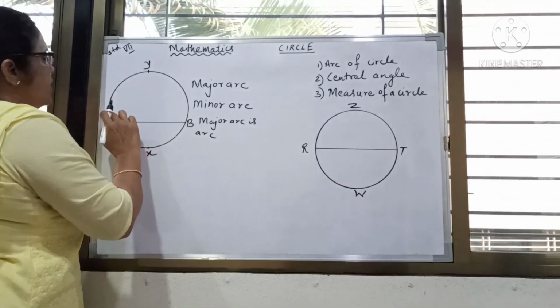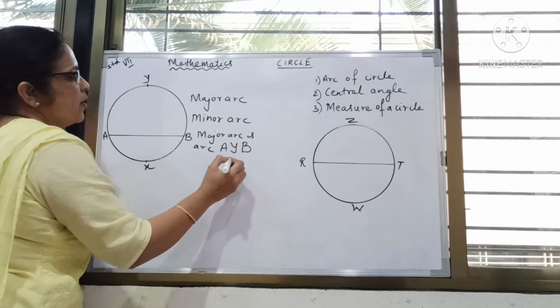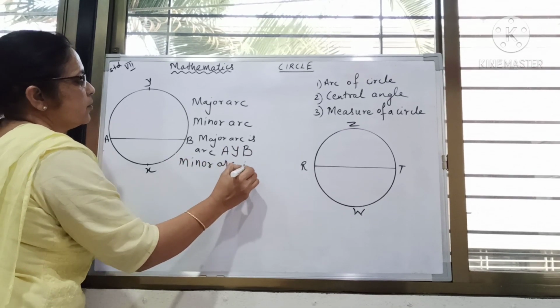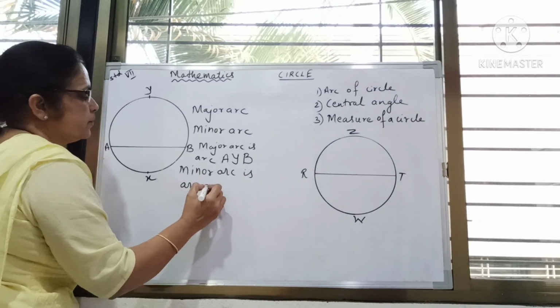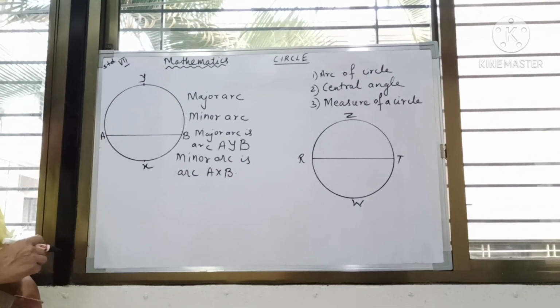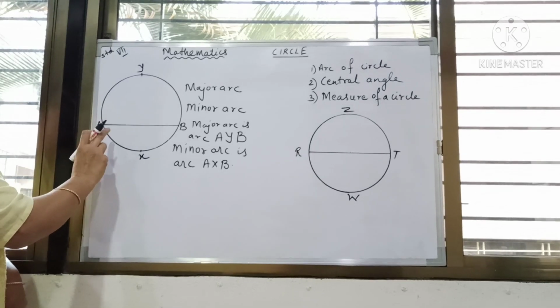Here the major arc is arc AYB and minor arc is arc AXB. So you understood about the major arc and the minor arc.